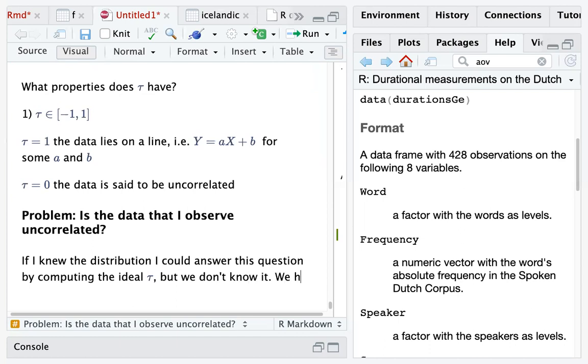We have some data, and we compute tau using that data.